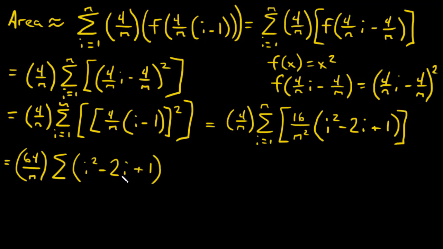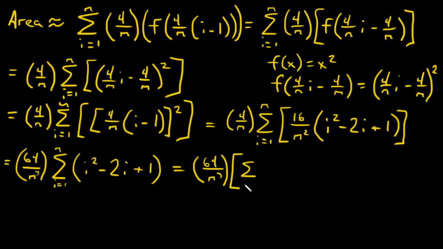Okay? And that was n cubed, right? Don't forget the cube part, because it's an n squared times an n. Alrighty, so now I can break it into multiple pieces and get 64 over n cubed times, we're going to have bracket, well, I forgot my subscript, I equals 1 to n.